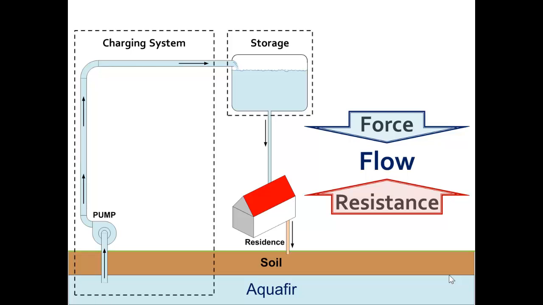All of these are points of resistance that are controlled to control the flow. But even if you opened up that pipe right where it enters the house wide open, the flow would still be limited by the resistance of the size of that pipe, the friction on the inside of the pipe.